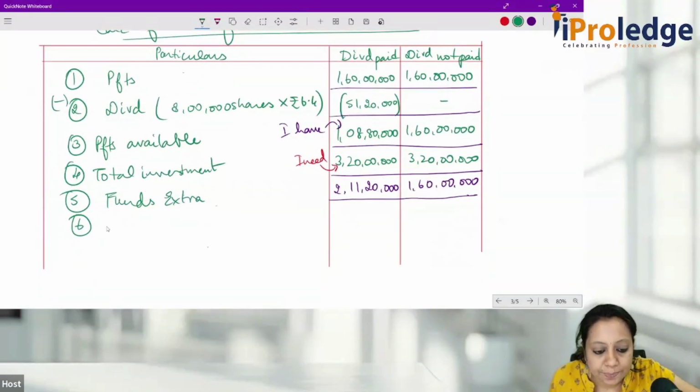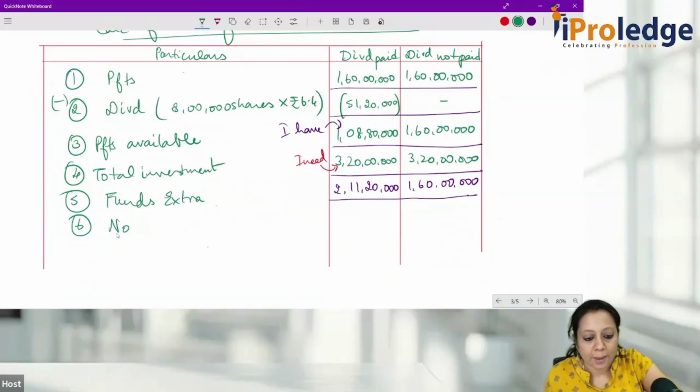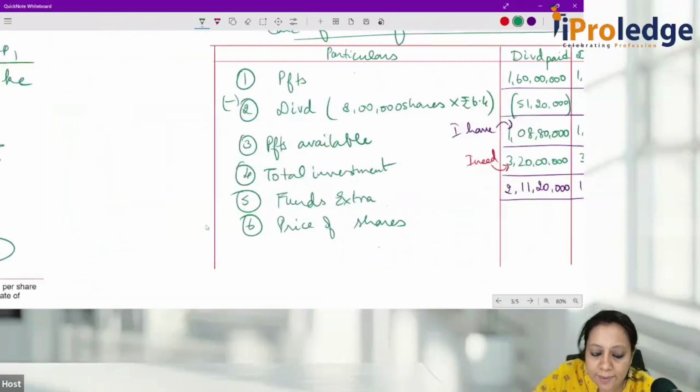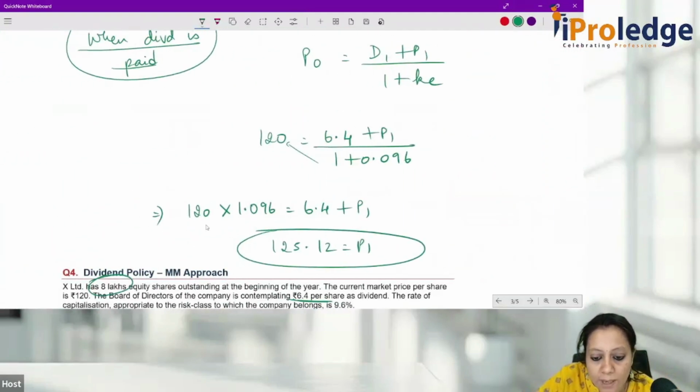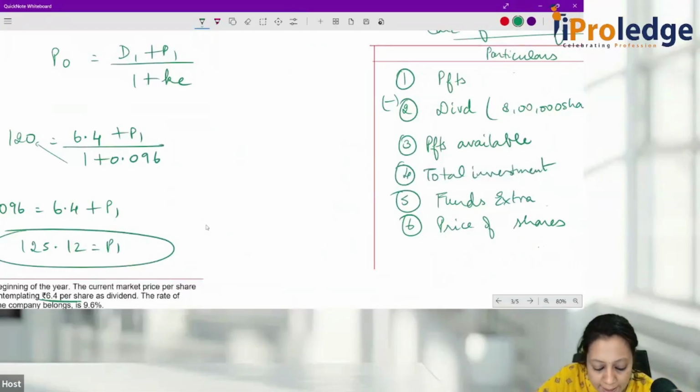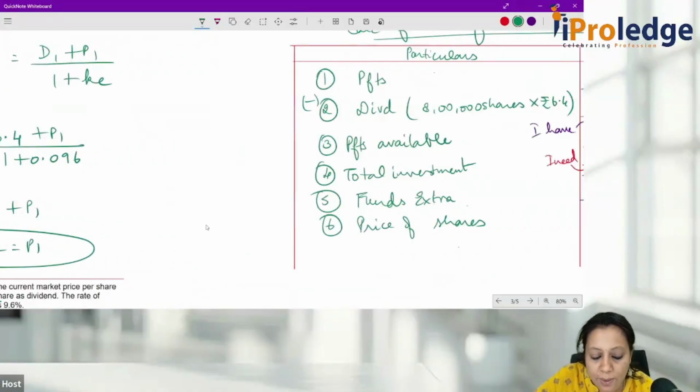So number of shares. Now I will first write the price. Price of shares, already we calculated. We will take that. How much is it? 125.12. And the other one was 131.52.